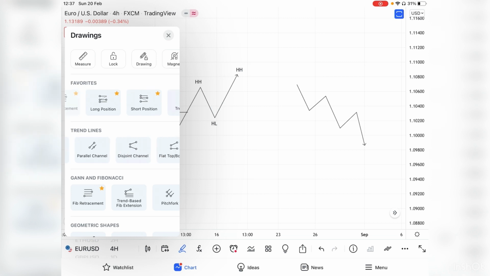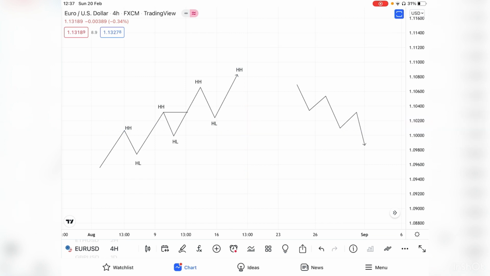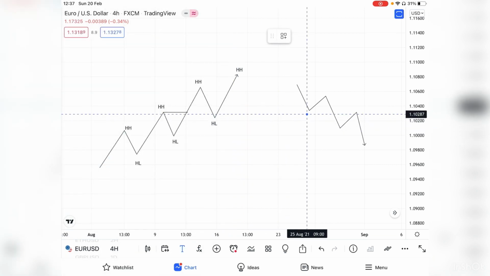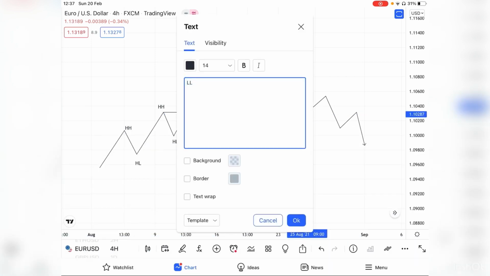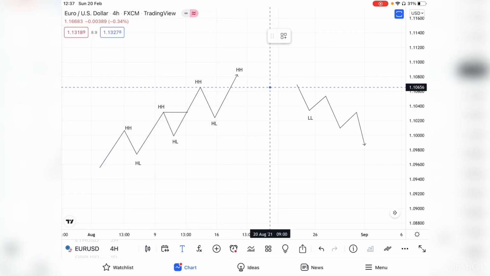Let me quickly draw them as well. Where's my text at? I forgot where my text is. Okay, so we have a lower low here, LL right here. Then we have a lower high up here.